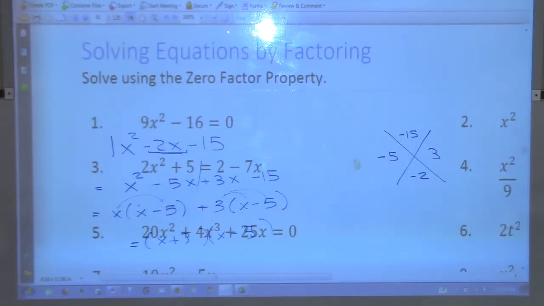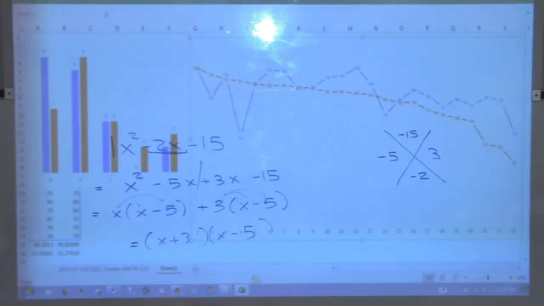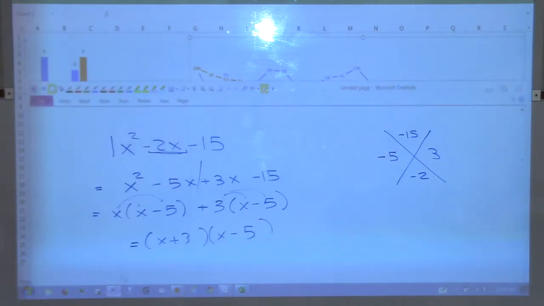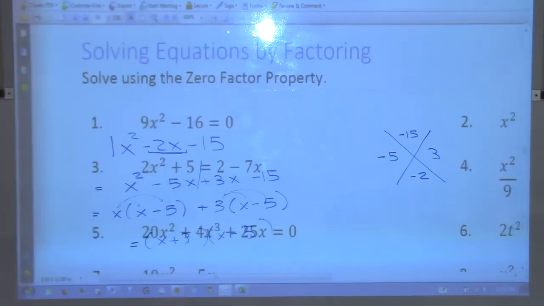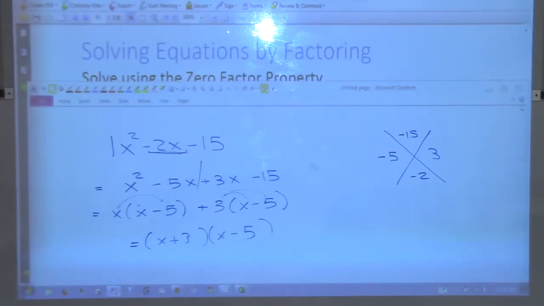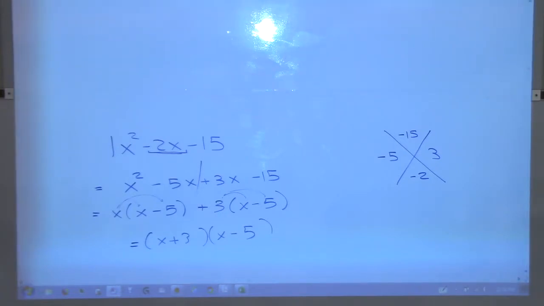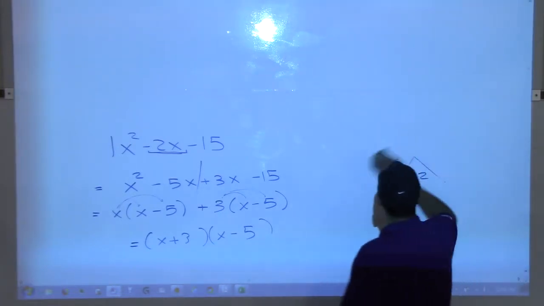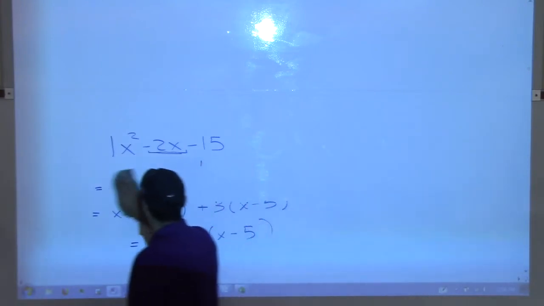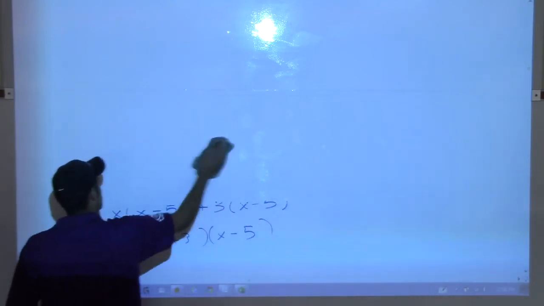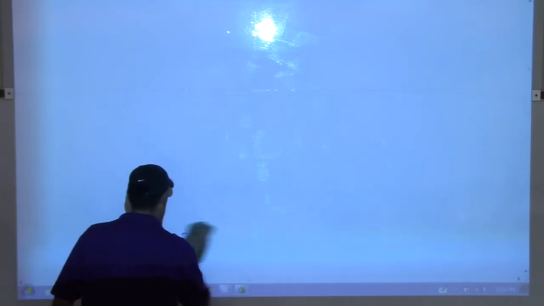Now we're going to start solving equations. Everything we just did was just about factoring, and now we want to solve equations. So here's the idea. We have this very important property in math that I'm about to put on the board here.